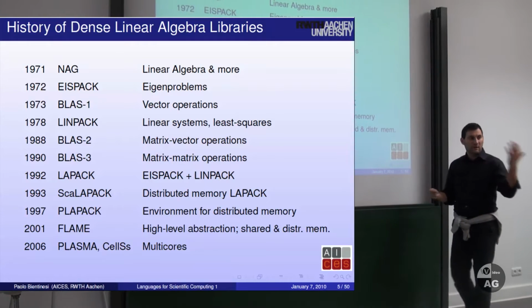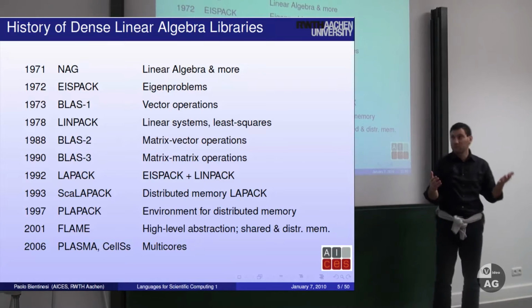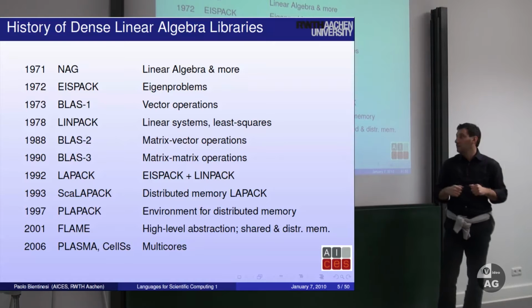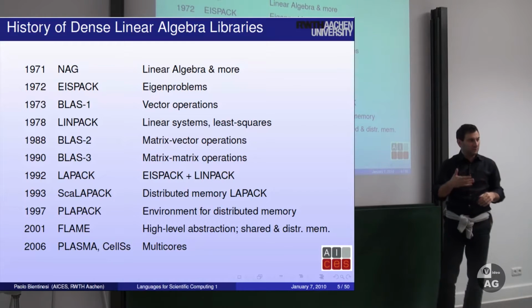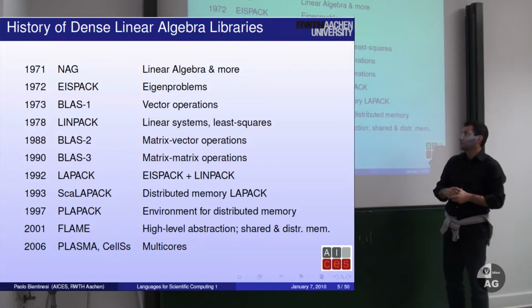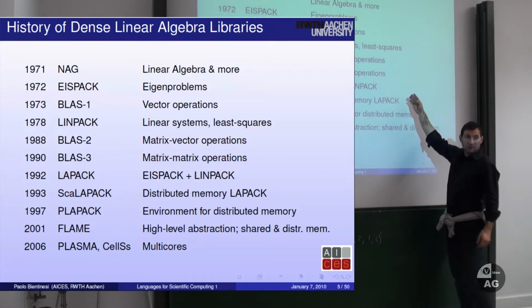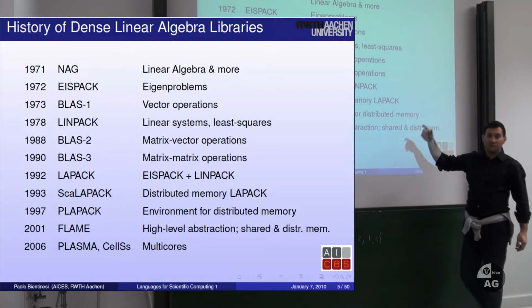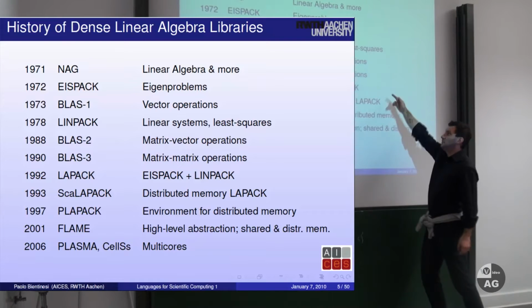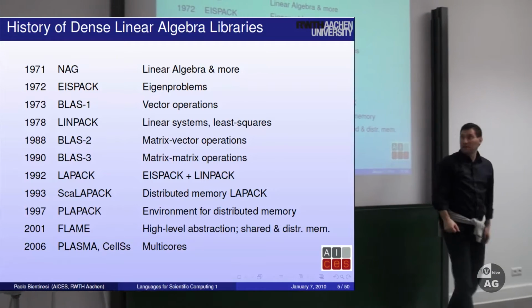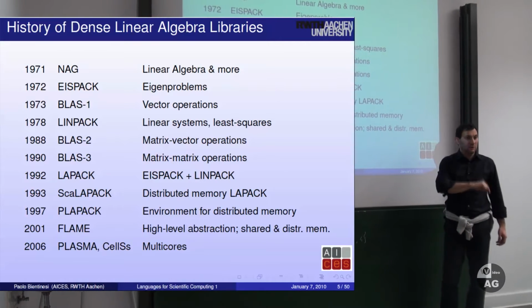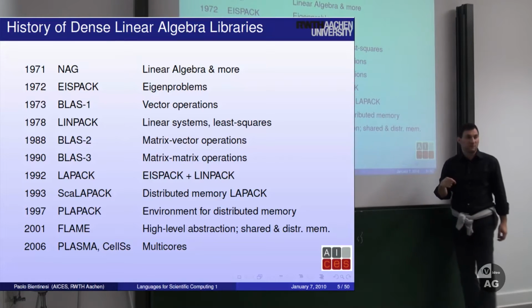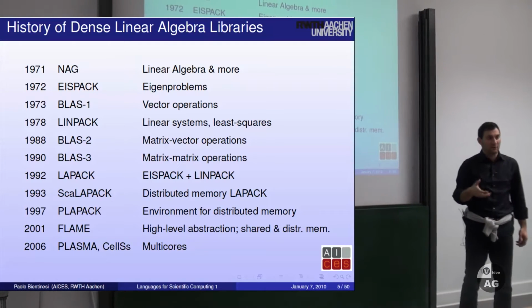Notice that if you have to multiply a matrix times a vector, you can express this operation in terms of vector operations. So you can take the first row and multiply it, second row multiply. So you can reduce the matrix to a collection of vectors. But you can directly call a BLAS2 routine, and this will be much faster than a BLAS1 routine. Same story for BLAS3, except that BLAS3 really, for the first time, allows you to use your processor at its maximum potential, or something very, very close to that.